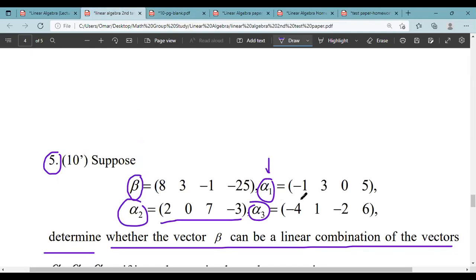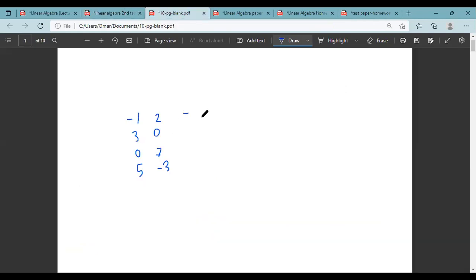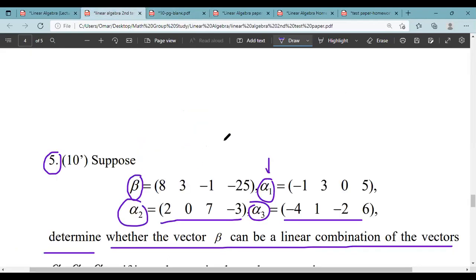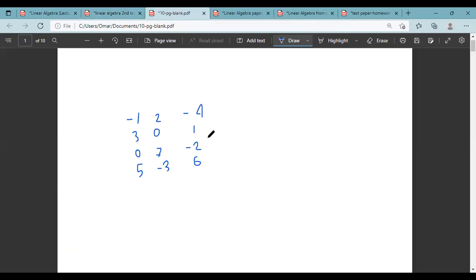Then alpha 3 is minus 4, 1, minus 2, 6. And then beta is 8, 3, minus 1, and then minus 25.